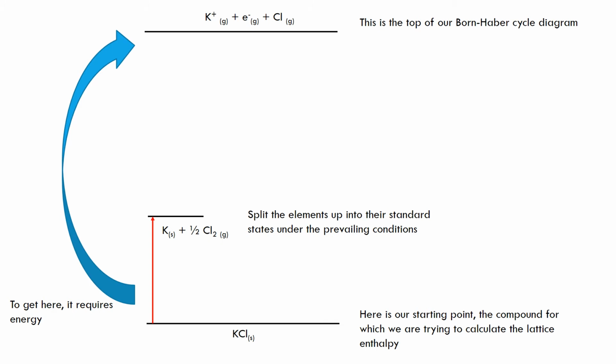So the first step then is to split the elements up into their standard states under the prevailing conditions. Now, potassium is in the solid state under ambient conditions, and chlorine is in the gaseous state under standard conditions. And you'll note there I have to put half Cl2 because chlorine likes to exist as molecular chlorine.